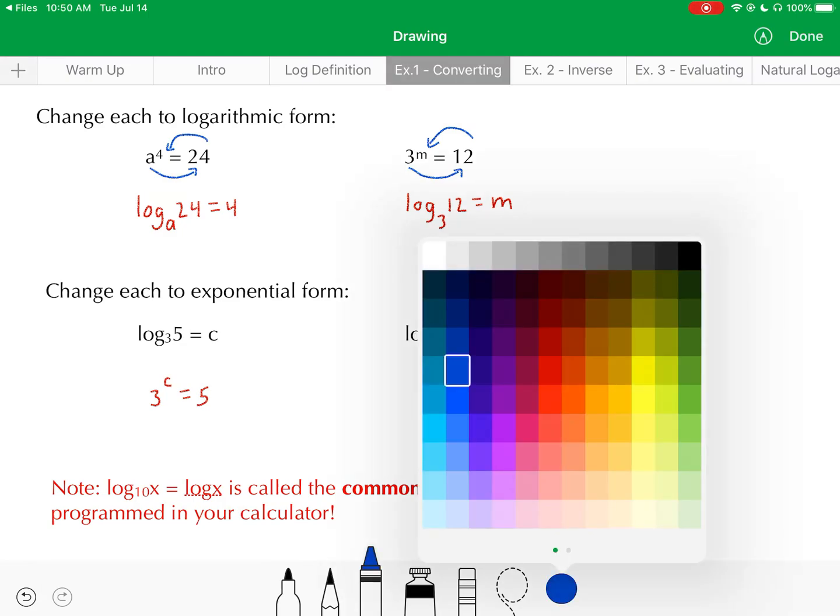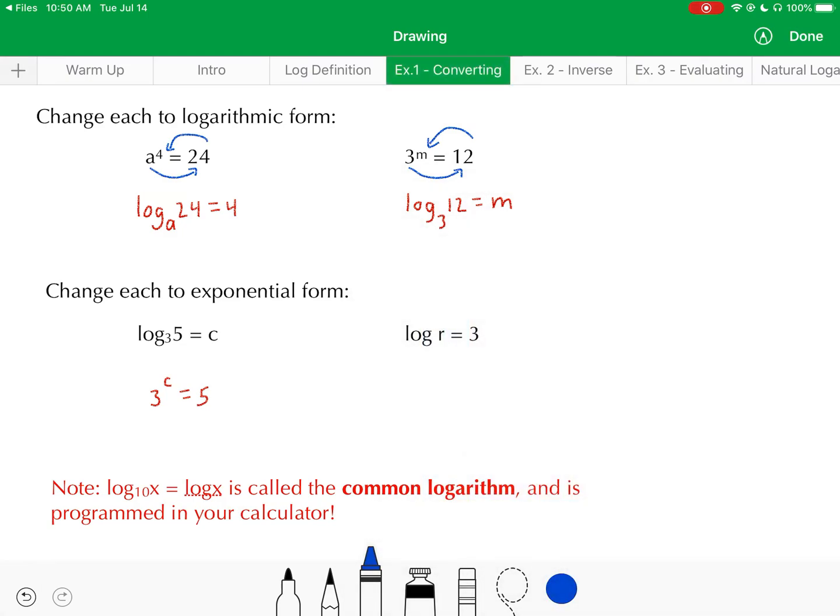So once again here, I kind of have this circular pattern at play. I started with that base of 3 in the logarithm, raised it to the power of c, and that equals 5, and 5 is known as the argument of the logarithm, okay? All right, now in the next logarithmic equation, we have log r equals 3.